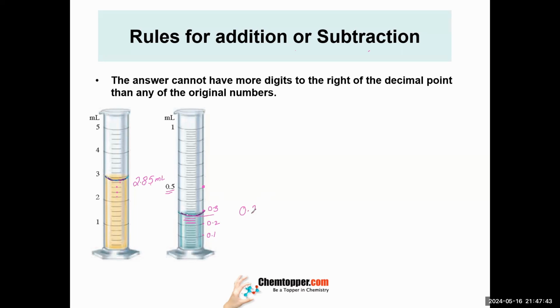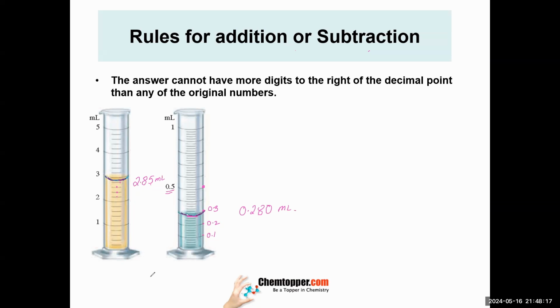So here the measurement is 0.28. But 28 is marked, so it is certain. So I can take one uncertain digit. If you carefully see, it's exactly on the line of 28 here. So I can put 0 here, milliliter.